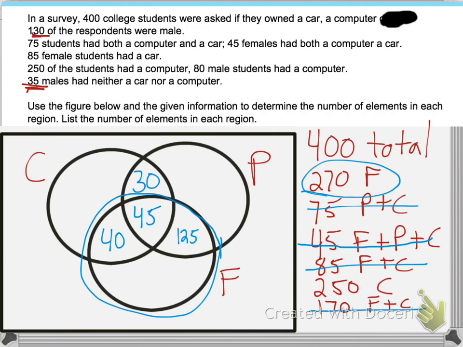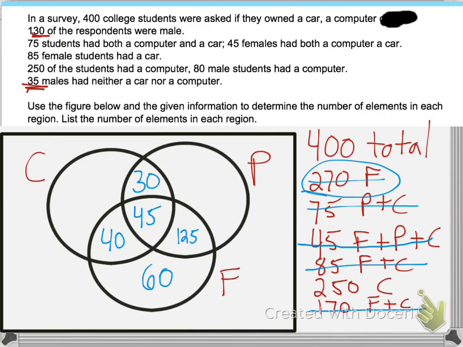Well, we've accounted for 40 plus 45 would be 85. 85 plus 125 will be 210. So we've accounted for 210 of the total females. We need 270 total. So we have 60 of them hanging out in just the female circle. So we've taken care of that information.